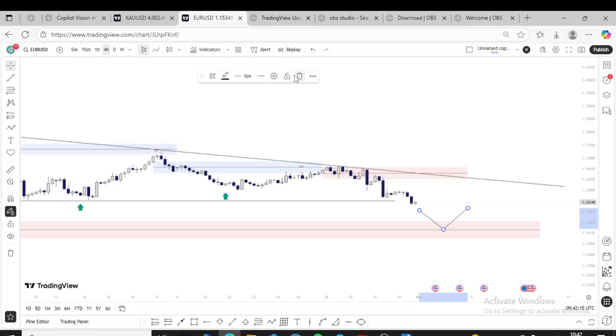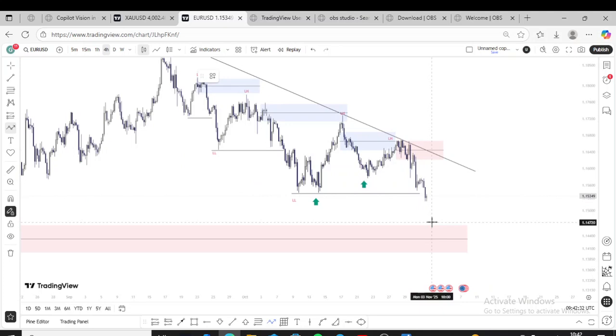I'm going to look for what I call an order transfer, whereby sellers transfer that order to buyers at this point. So, simple: a market structure shift. I'm going to allow the market to do something like this at this price point, wait for a correction, then buy to the upside.